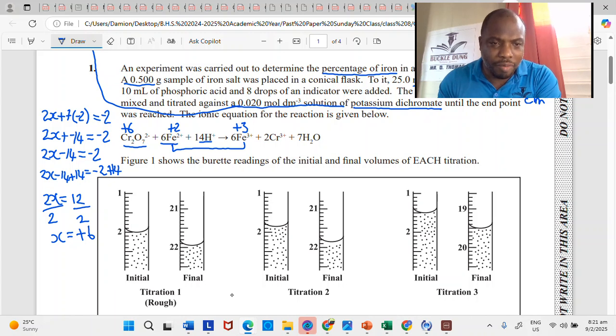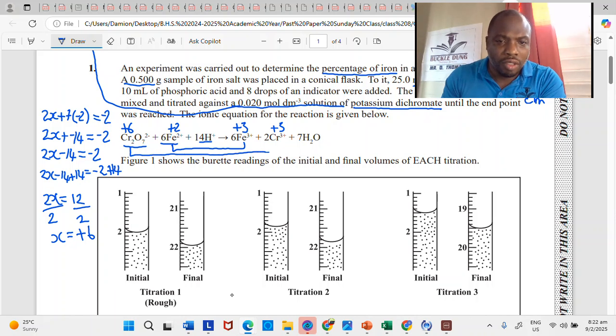What is the oxidation number? Plus 3. Beautiful. So watch me now. Remember we said earlier that potassium dichromate was a what? Oxidizing agent. And so in itself, it is going to be reduced. See there? It is moving from a plus 6 to a plus 3.